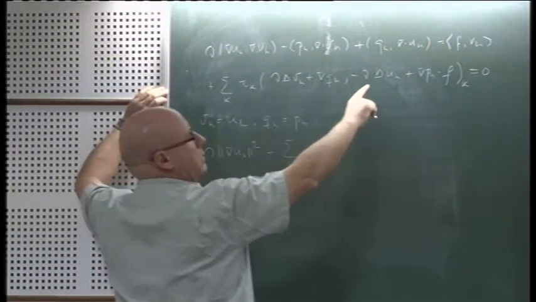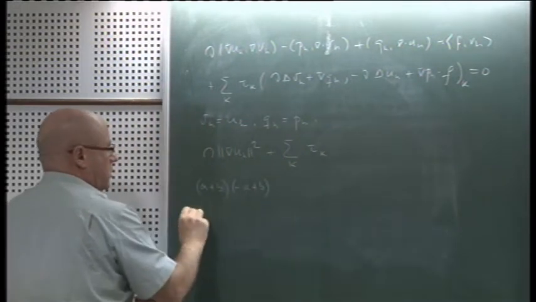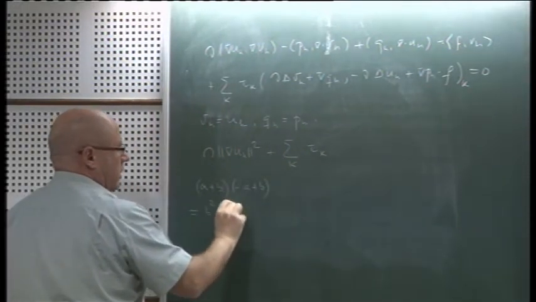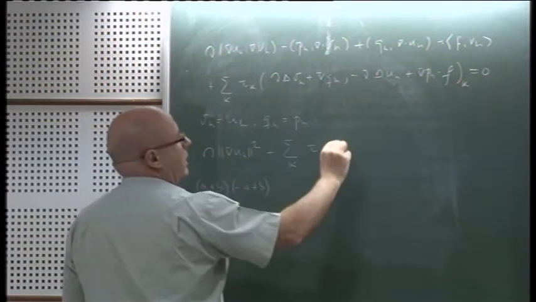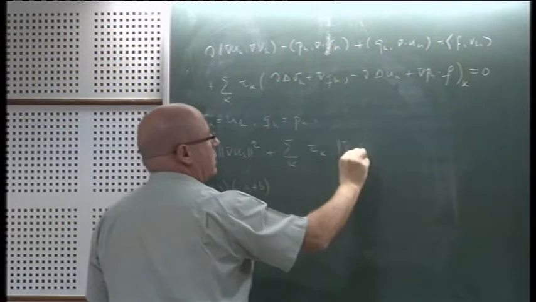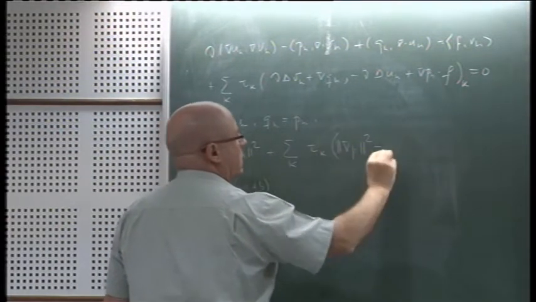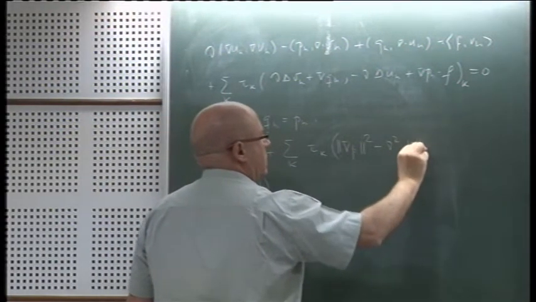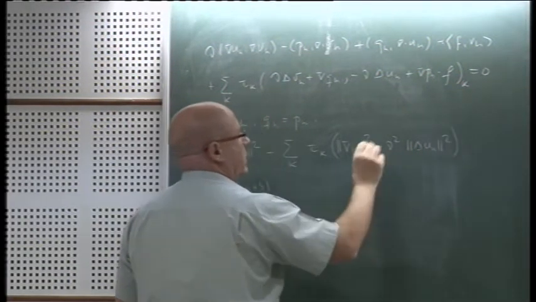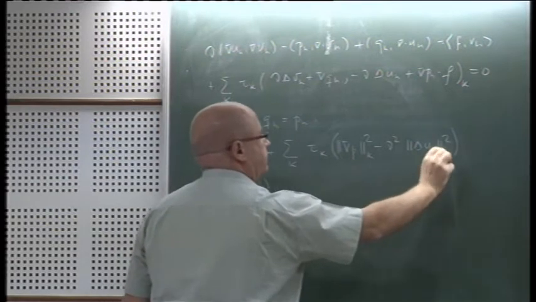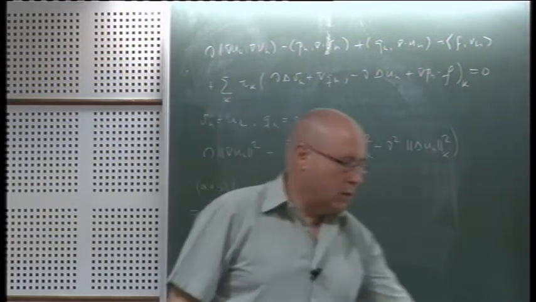A plus b times minus a plus b. And of course, this is b squared minus a squared. Okay? So that's going to be gradient of p_h squared minus nu squared Laplacian of u_h squared over each element. That is over each element, okay?